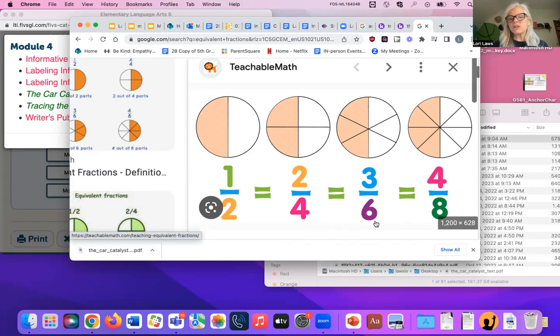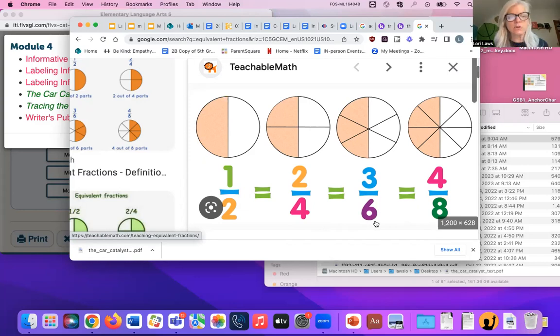It doesn't really show you how big it is. Half of a cake is not at all the same thing as half of a crowd of people at a music concert, right? That could be thousands. Here, it's just one little piece of cake. So you have to be careful about numbers because once you get into fractions, you're talking about parts of a whole, and you have to know what the whole is.